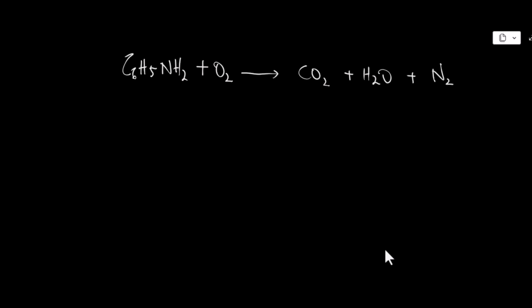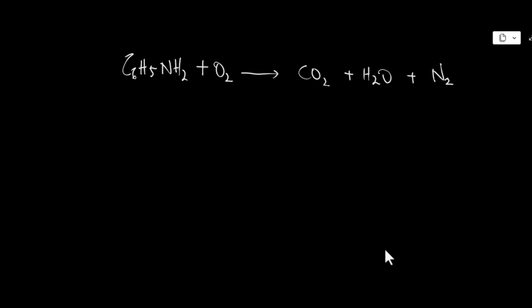Now the next example we look at is the combustion of aniline. Aniline has the formula C6H5NH2. Now this is reacting with oxygen to give us carbon dioxide and then water and then nitrogen gas.